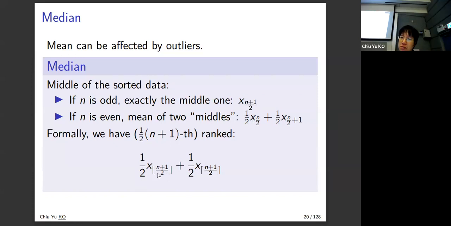Odd over 2 is bigger than n over 2 by 0.5. So that's why taking the floor gives exactly n over 2, and taking the ceiling gives this guy. Okay? If you're not convinced, simple, put n in there and you'll know.